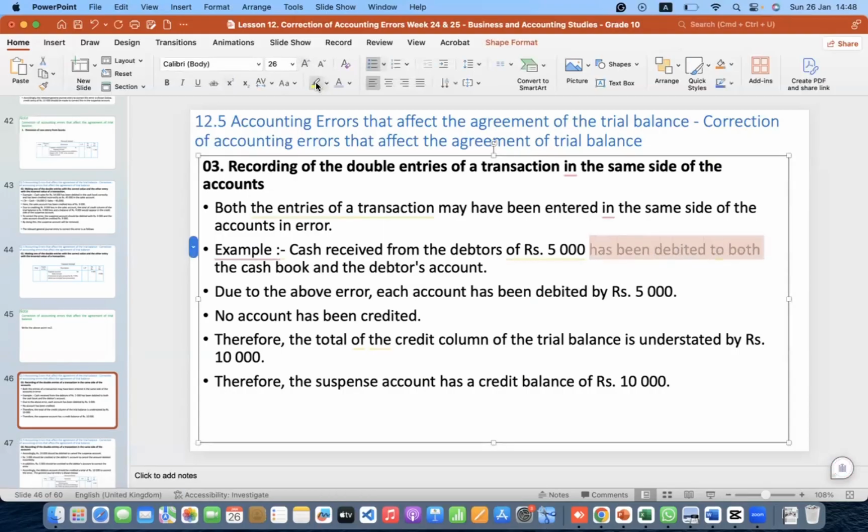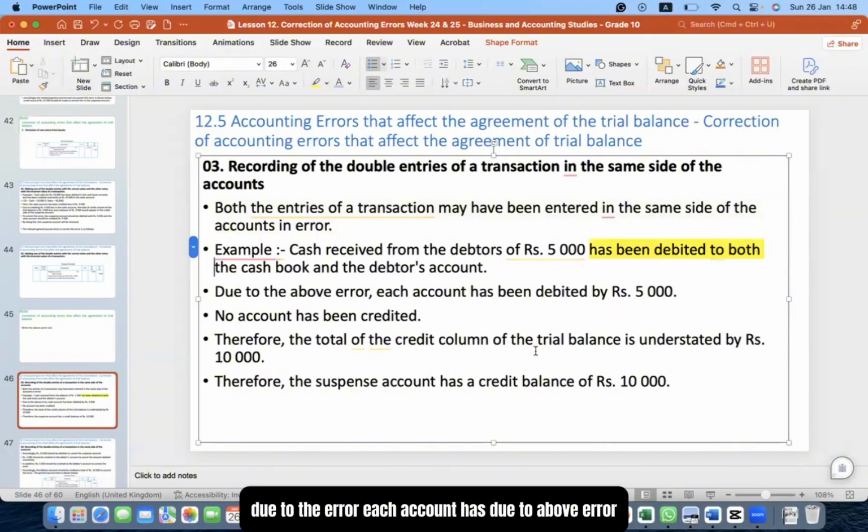Due to the above error, each account has been debited by rupees 5,000. So no account has been credited. Therefore, the total of the credit column of the trial balance is understating by rupees 10,000.